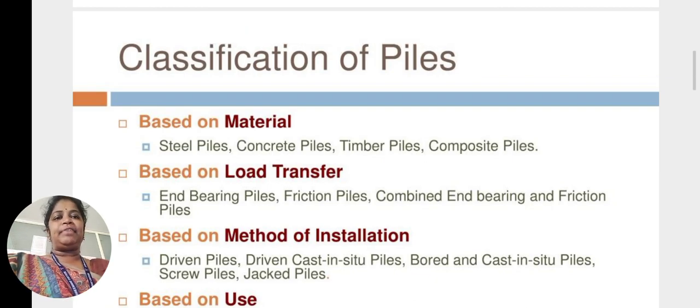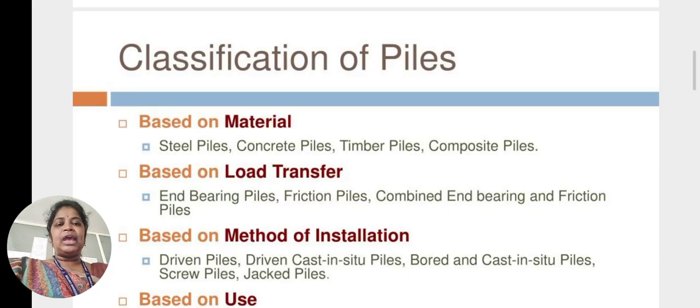Combined end bearing and friction piles is the third category of classification based on load transfer mechanism. In this case, load is transferred from top to bottom, and some amount of load gets released at its tip, and some amount of load is released while coming down through its sides. This is the combination of end bearing and friction.